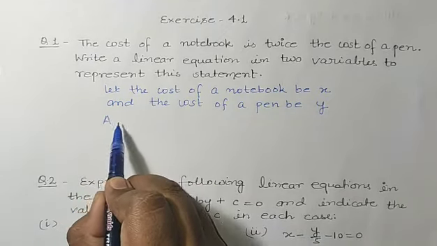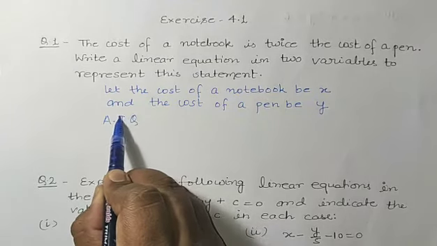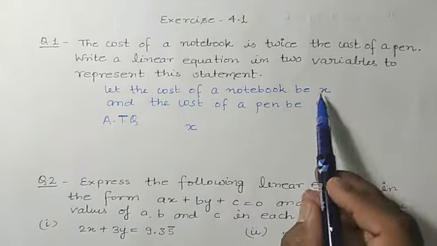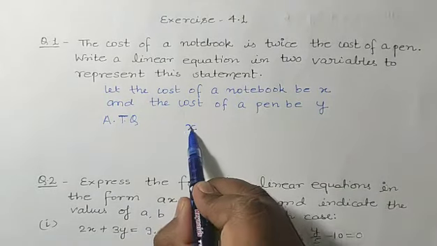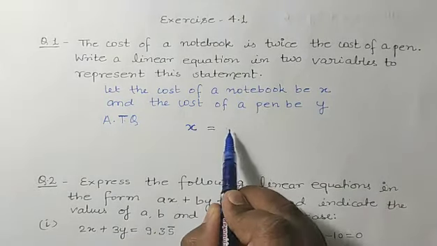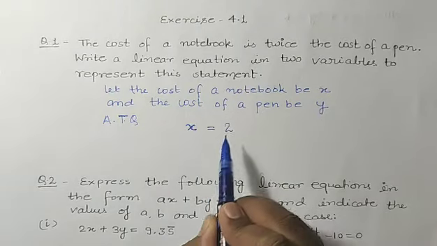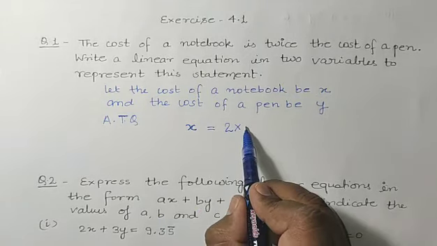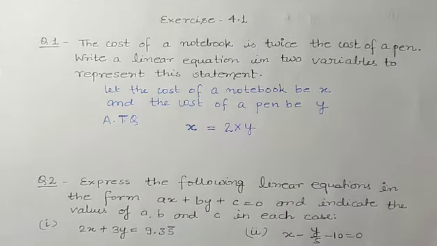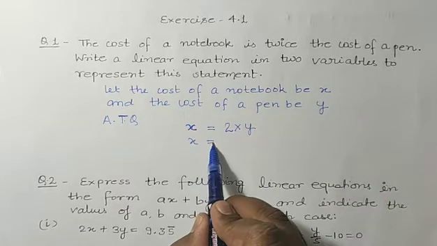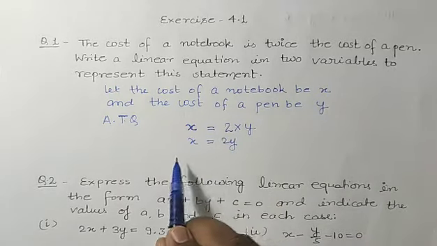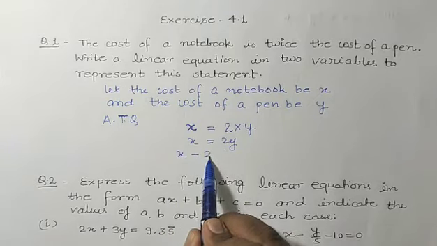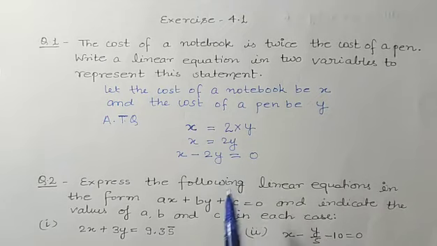According to the question, the cost of a notebook, which we have supposed as x, is twice, means 2 into, the cost of a pen. So simply we can write x is equal to 2y, and if we shift this 2y to the left hand side, we can write x minus 2y is equal to 0.